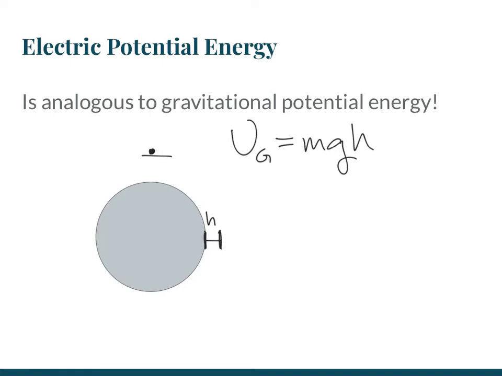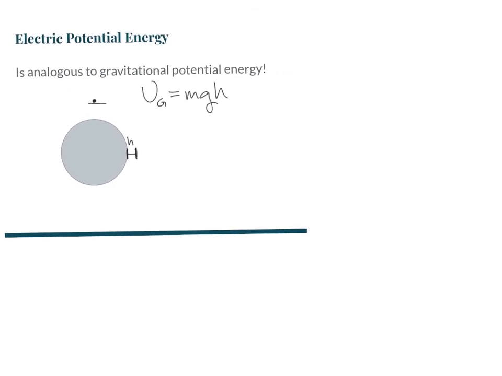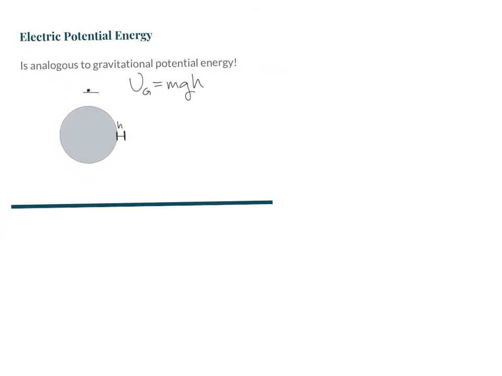So gravitational potential energy is very similar to electric potential energy. There are quite a few similarities between electrical force and gravitational force, which leads to similar ideas about fields and potential energy.